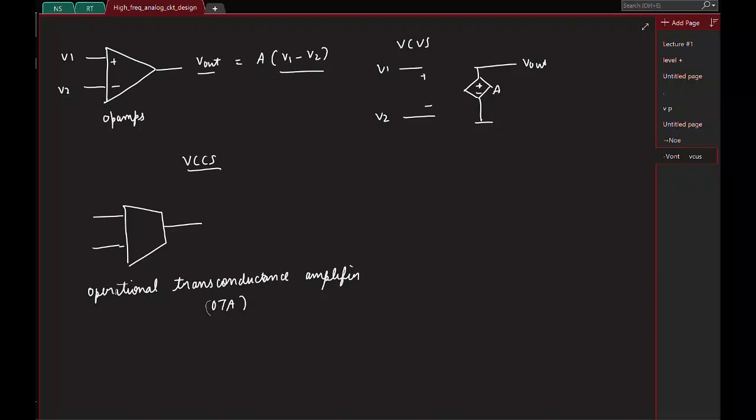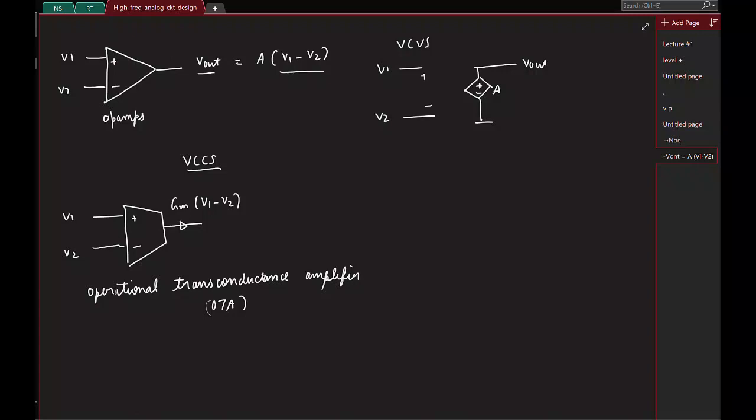So this is basically a voltage controlled current source, which means if I apply a differential input V1 minus V2, what is exactly controlled is the current coming out of this block, right? And this current will be some GM times V1 minus V2.